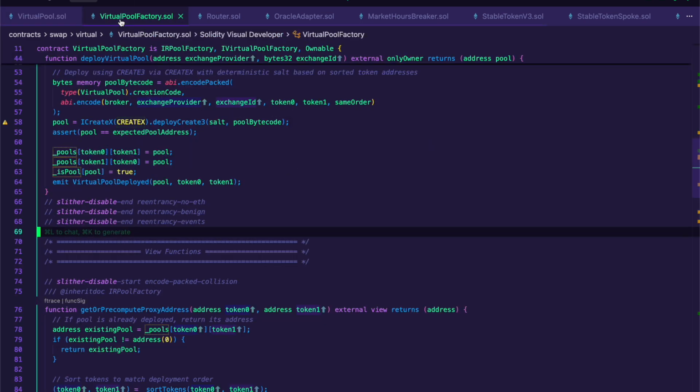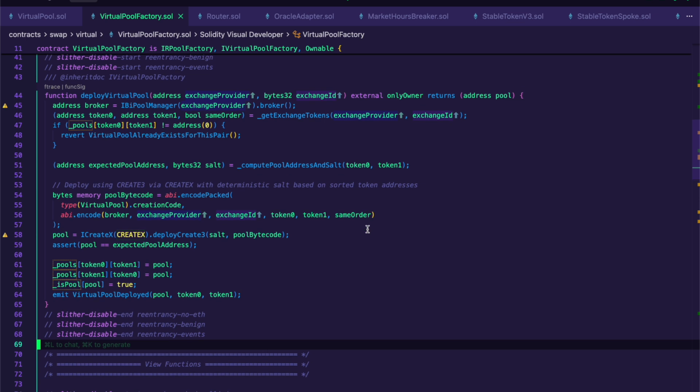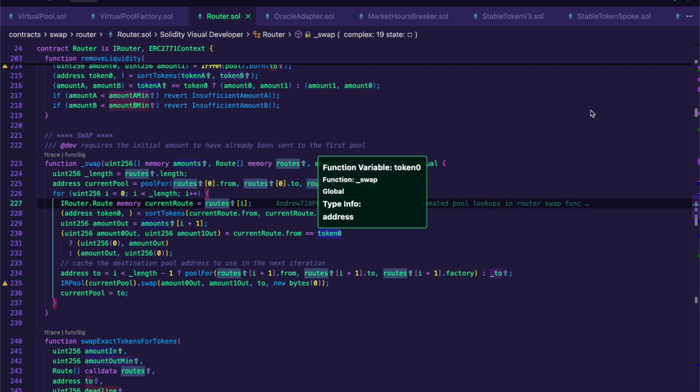The virtual pools also have a factory, which allows us to deploy virtual pools as well as keep track of existing deployments. The router contract is the main entry point for users to the protocol. It allows people to perform swaps and route them through both Mento v3 and Mento v2, as well as wrapping around liquidity provision.